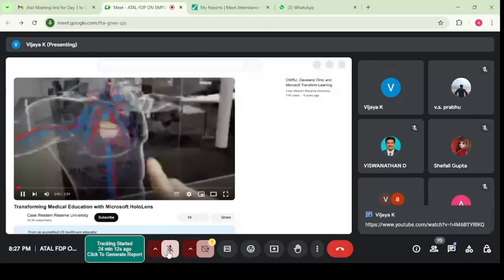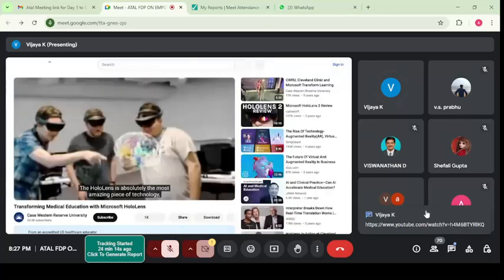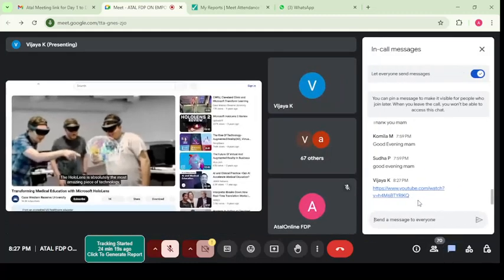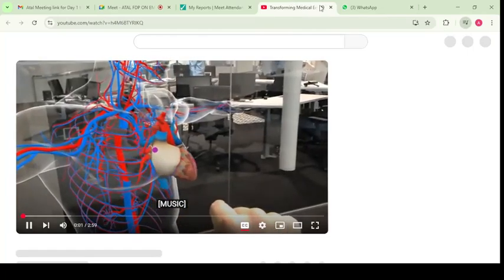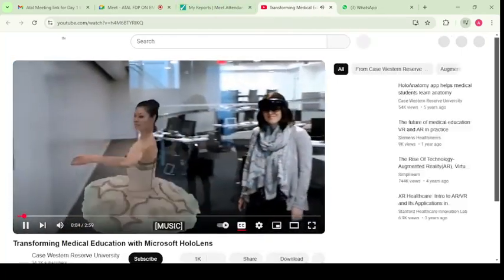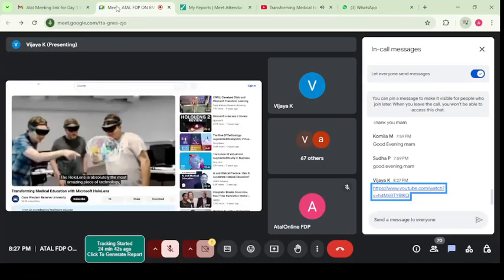The HoloLens is absolutely the most amazing piece of technology. Within 5 seconds, I realized that the world had changed. It was an immediate realization that this is something exciting and we have to be a part of. Seeing things in 3D is something you could not do before.